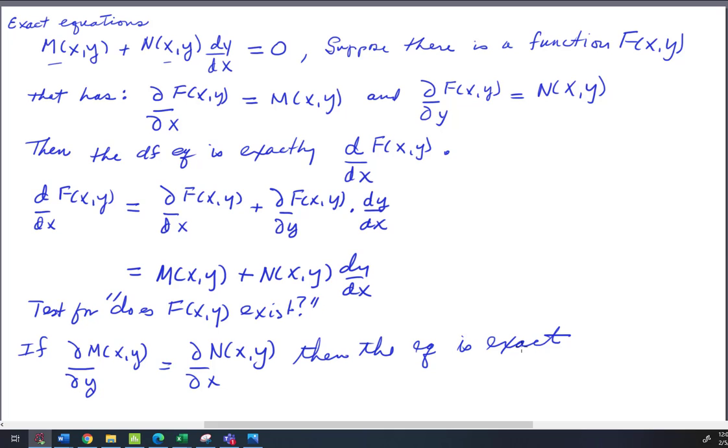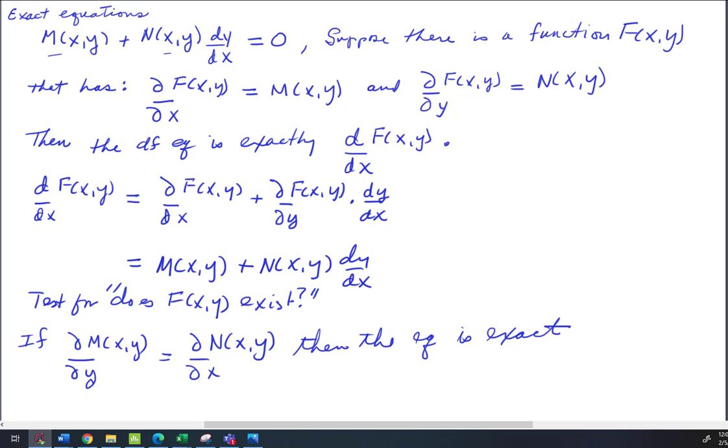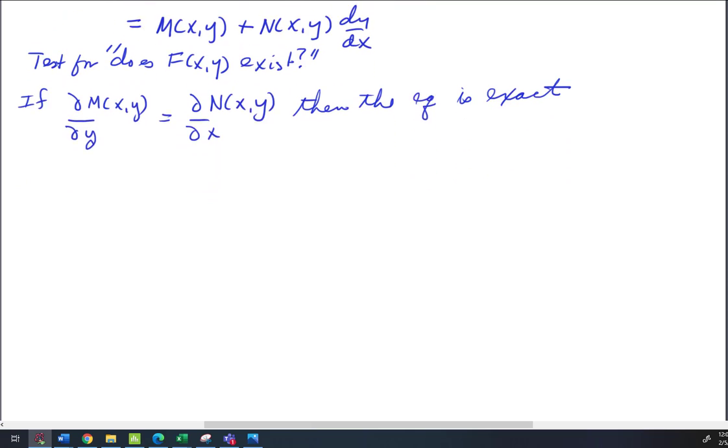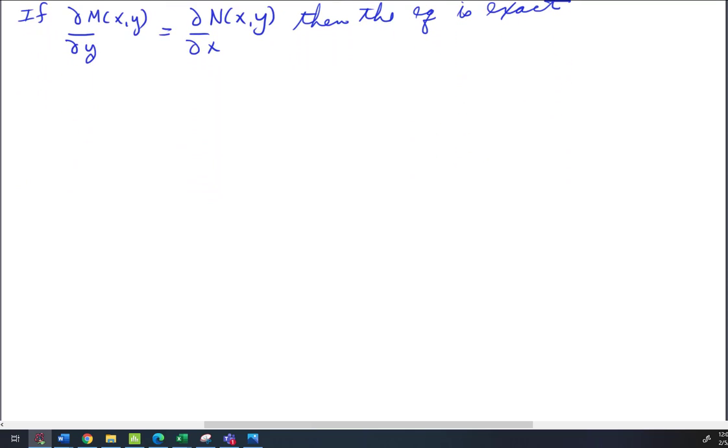And if it's exact, you're going to be able to solve it for f with the techniques that we're going to explore right now.